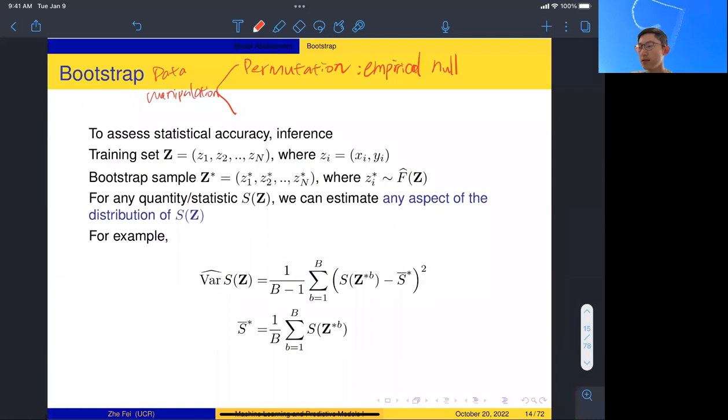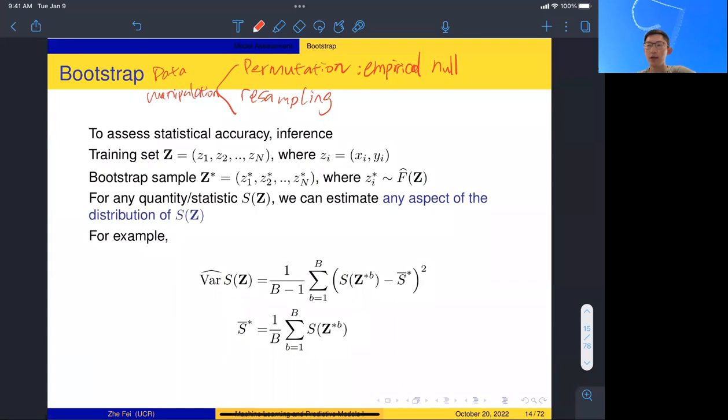The second technique is the bootstrap or subsampling. We could call this the resampling idea. By resampling, what we essentially achieve is that we create more data samples than we have.